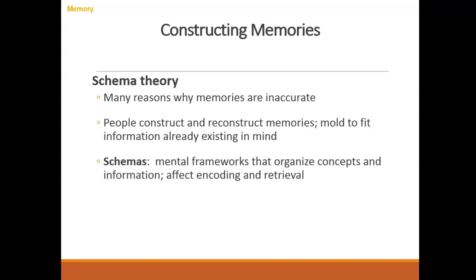You have this schema in your head of what going to a restaurant entails. When you have that, it makes it easier for you to remember the actual events of going to a restaurant. But it can also help you to misremember events because you might assume that something happened because that's what always happens at restaurants, but it didn't, and maybe you didn't catch that. It can be kind of quirky.